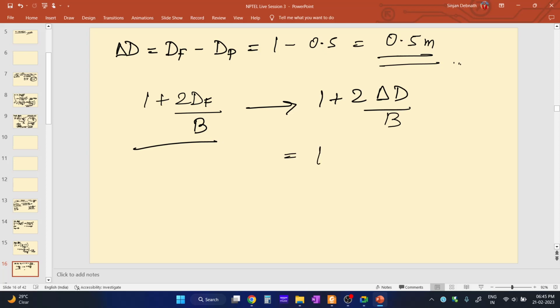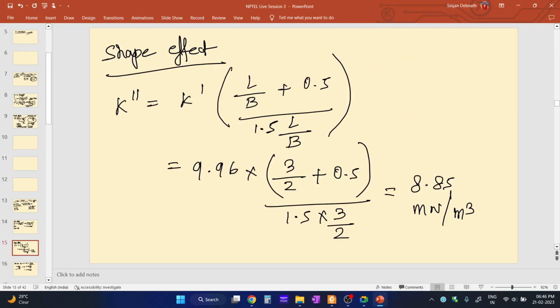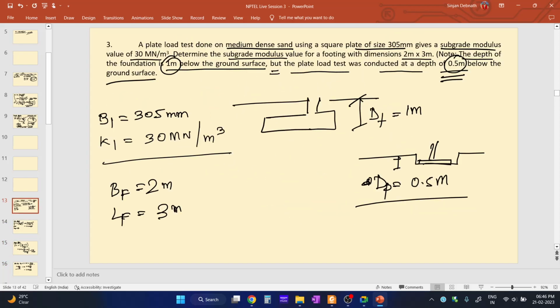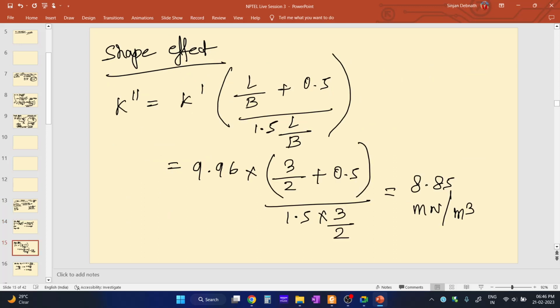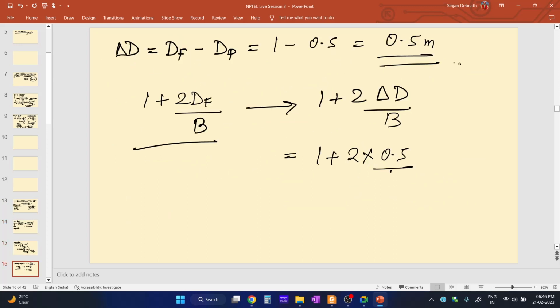So it will come out to be 1 plus 2 into 0.5 by B. What is the B? B is 2 meter, the breadth of the foundation. Now, if you calculate this, it will be 1.5. Okay. So now it is not greater than 2, so we will consider 1.5.